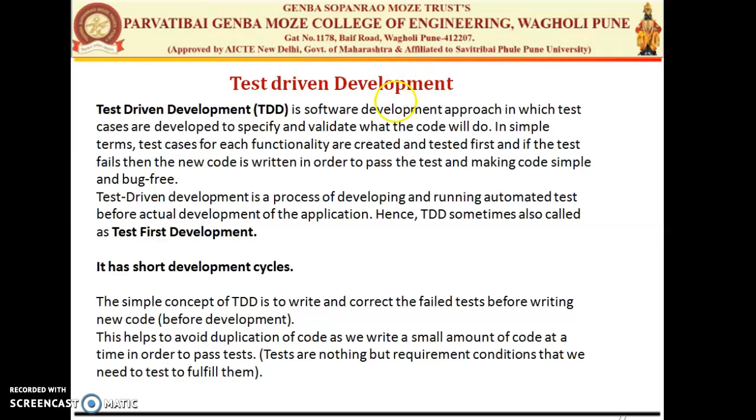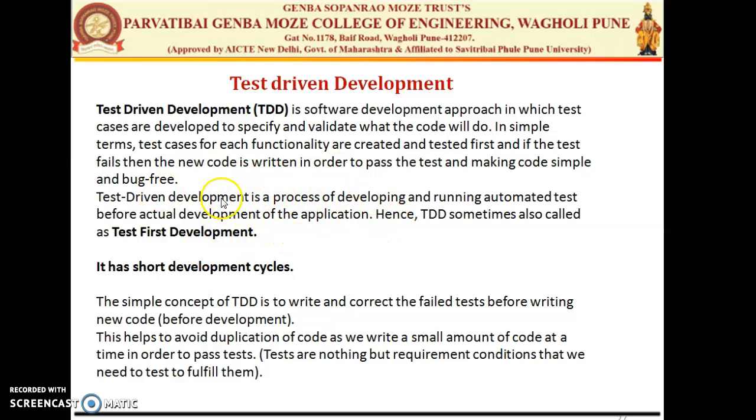If you see TDD, the first approach in TDD is to run the automated test before the actual development of the application. Here I have also written that TDD, test driven development, is a process of developing and running the automated test before the actual development of the application.